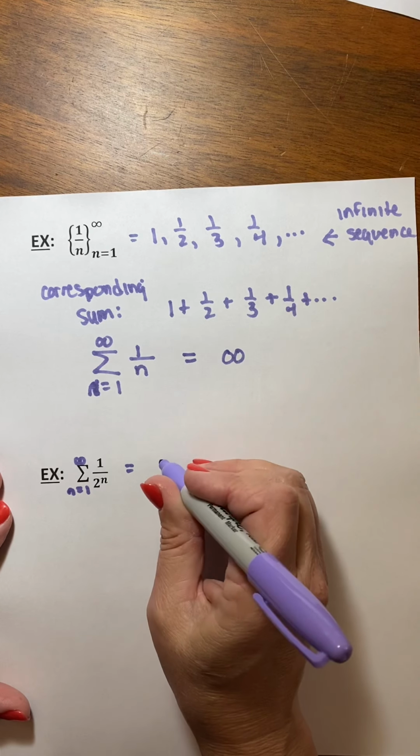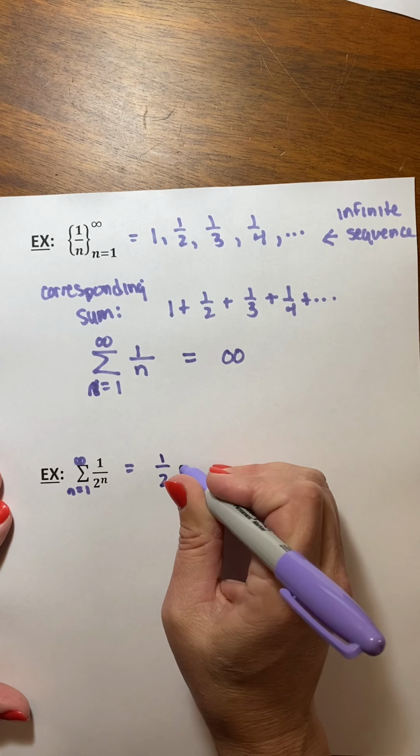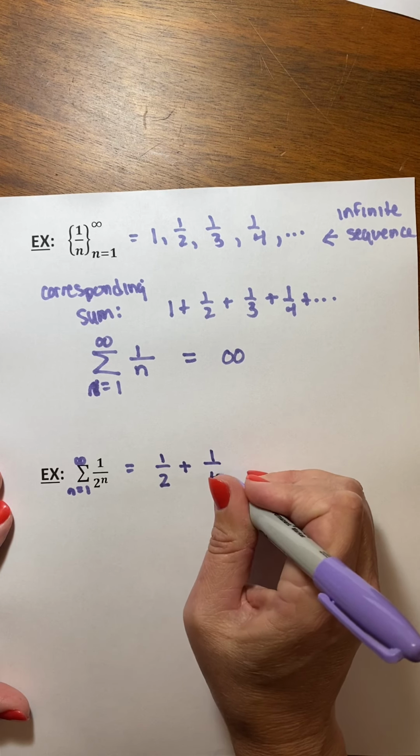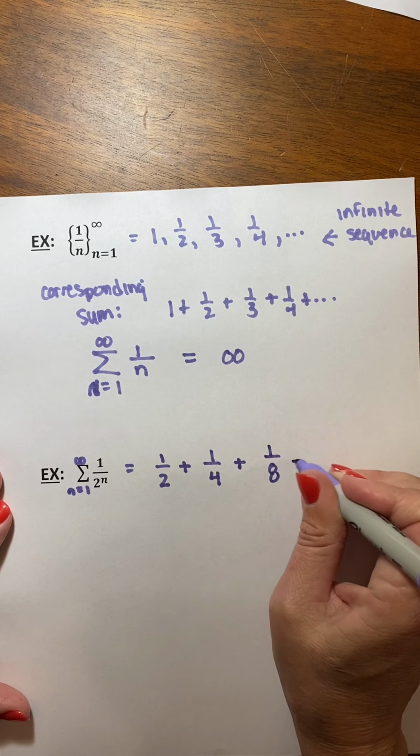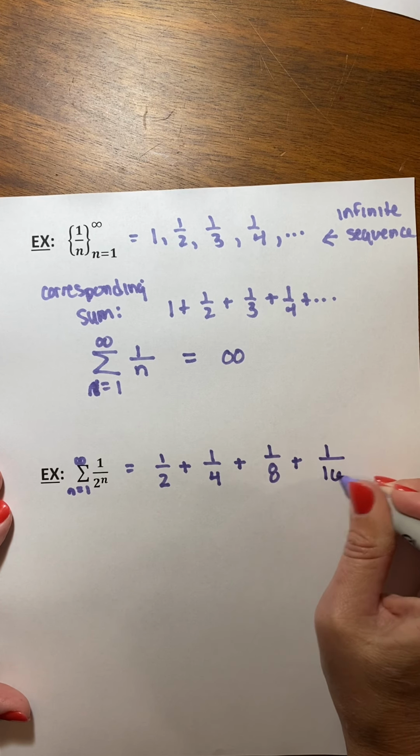This says if n is 1, we're at 1/2, plus if n is 2, we're at 1/4. If n is 3, 2 cubed, it's 1/8. Then it's going to be 1/16 forever.